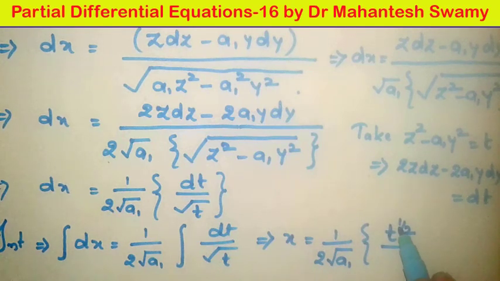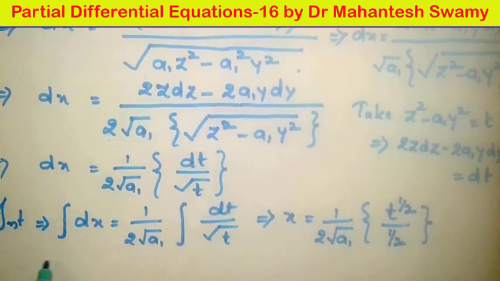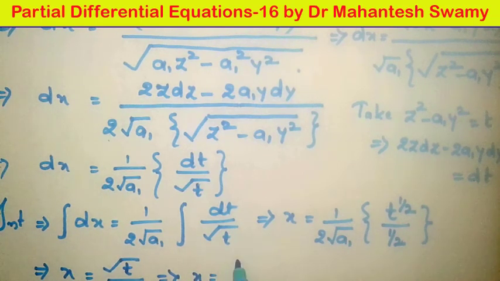Minus half plus 1 is t to the power of plus half divided by plus half, and this 2 goes to the numerator and cancels with this 2, and it is t to the power 1 by 2, that is under root of t. So therefore we are going to get x equal to, 2 cancelled, root t by root a1, or it is implying x is equal to under root of t by a1.